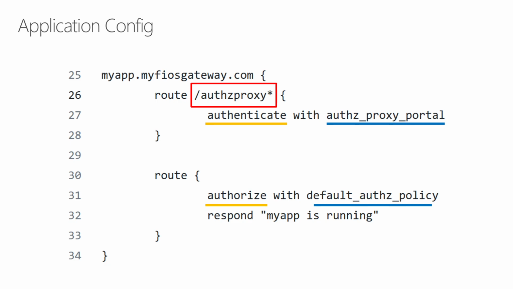And then all the other traffic will hit the Authorize plugin. So that's the interaction that you can set up for seamless SSO with GitHub or Google or anything like Facebook, whatever you want.